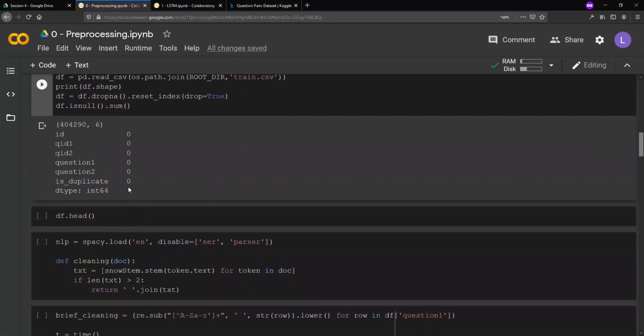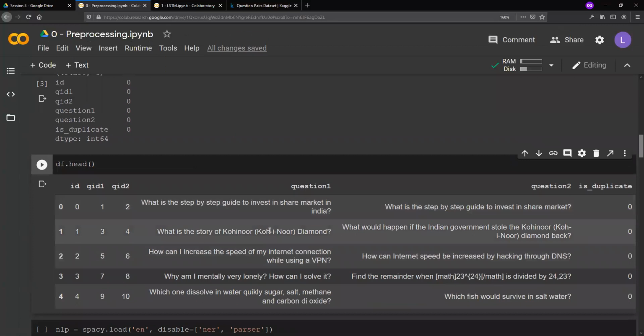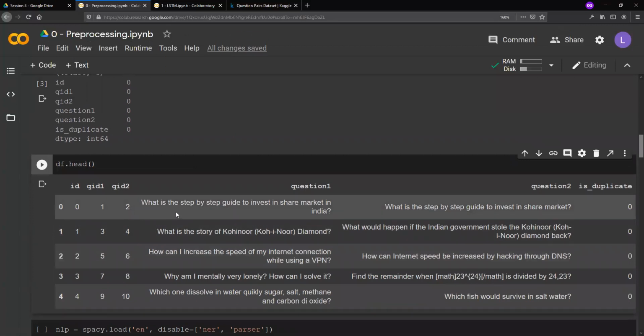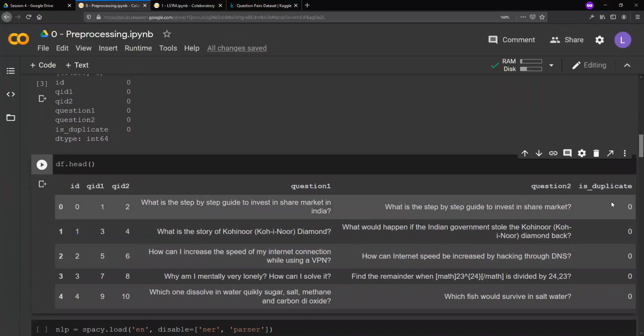After all that, we see we have no null values. And if we examine the data set, we see very similar to what we saw in Kaggle: we have the ID of the actual data point, the ID of question 1, the ID of question 2, and then the actual text for each question, as well as the true label.